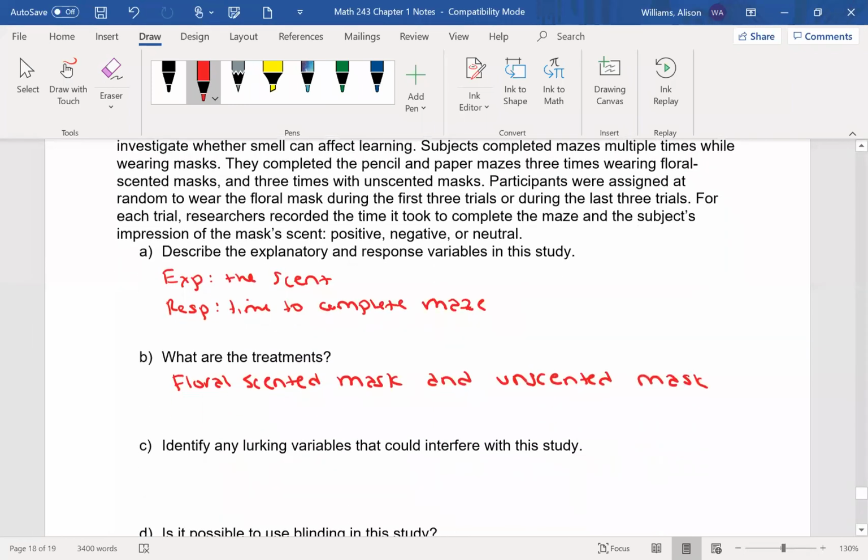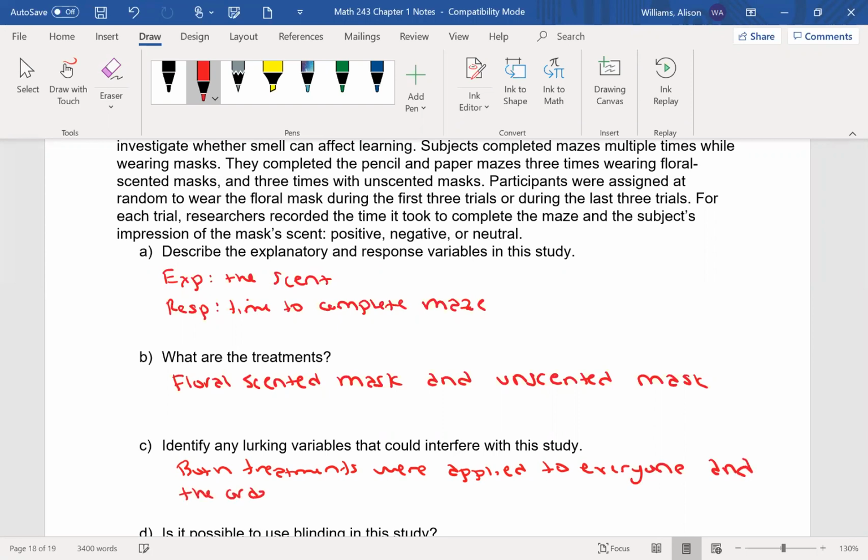So no, the answer would be since everybody did both treatments, so both treatments were applied, and there was randomization, then we could probably safely say that there really are no lurking variables that we need to be worried about.